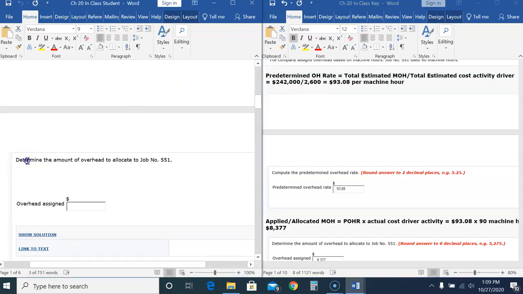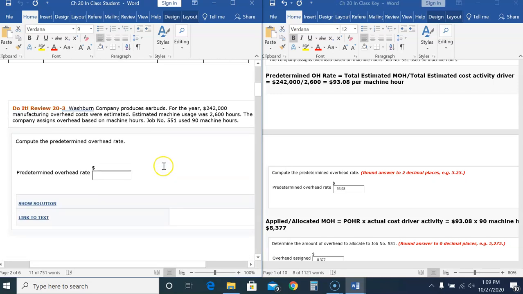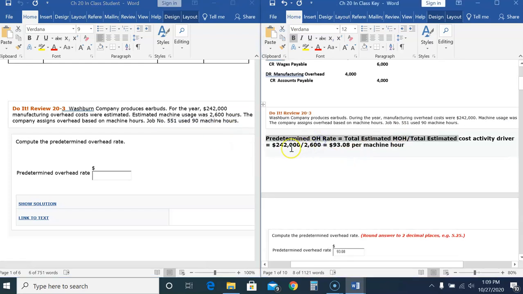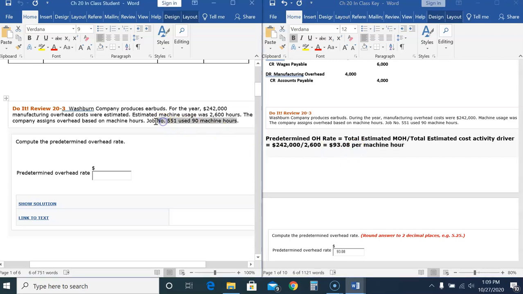Now let's determine the amount of overhead to allocate to one particular inventory item, which they're calling job number 551. Job number 551 actually used 90 machine hours. The predetermined overhead rate tells us that for every machine hour incurred, that inventory or that job should be allocated $93.08. This job used actual machine hours of 90.